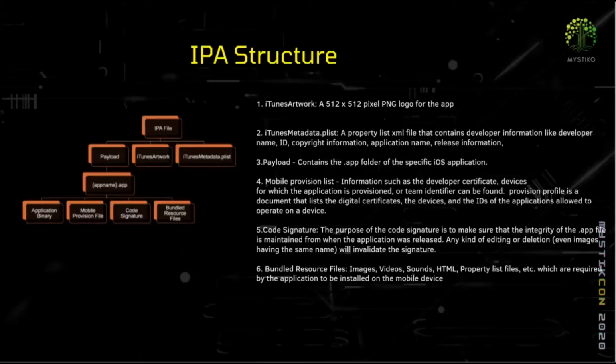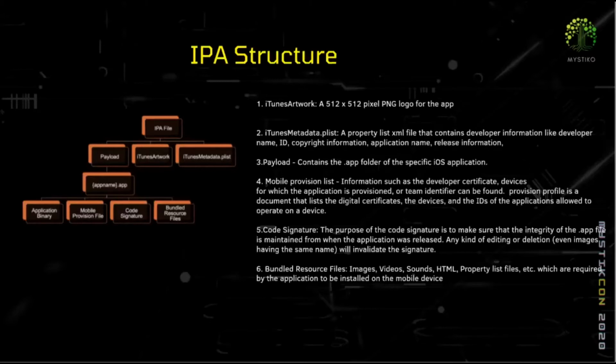But in such cases, a developer cannot keep sending the apps to Apple to get them signed and then install them. So Apple has given a provision wherein they can use a file called the mobile provision list.